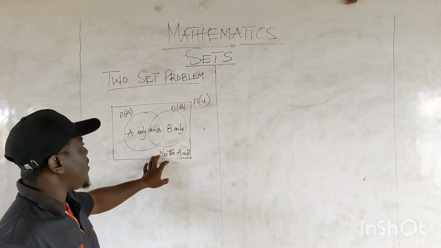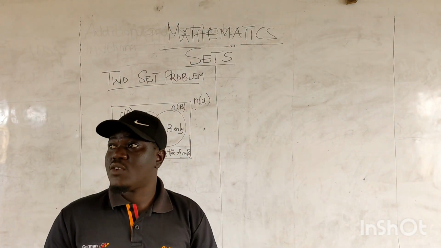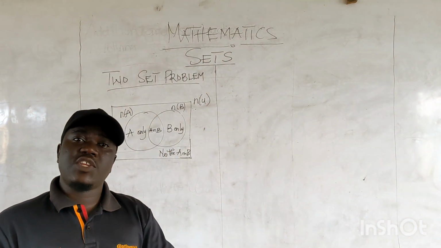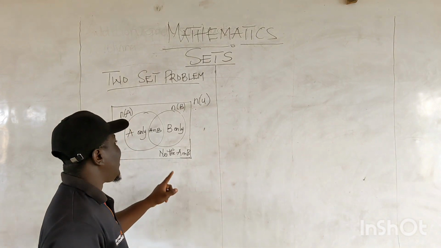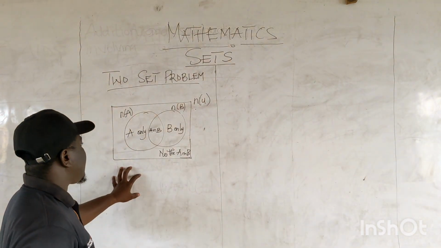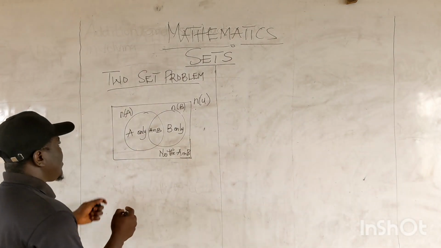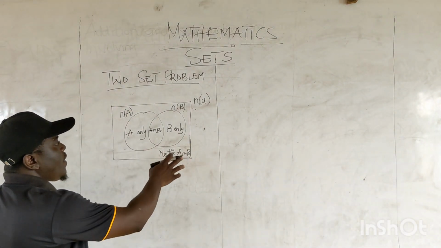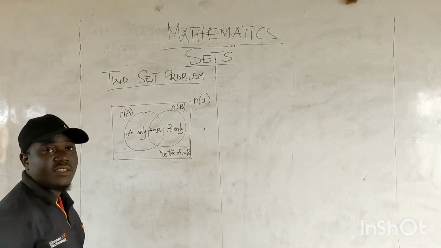And then we have the region in the rectangle that does not belong to any of the two circles, also known as neither A nor B. Is that okay?